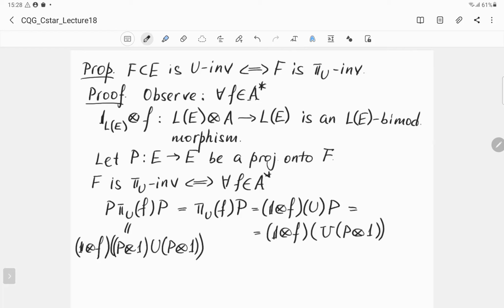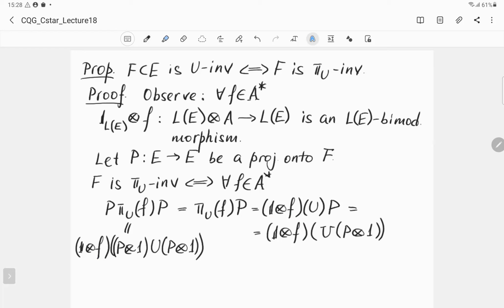Okay, so we see that F is pi U invariant if and only if this operator equals this operator, and this holds for each F in A star. And now we apply one of our previous lemmas, which states that slice maps of this form, 1 tensor F, separate the points in the tensor product.